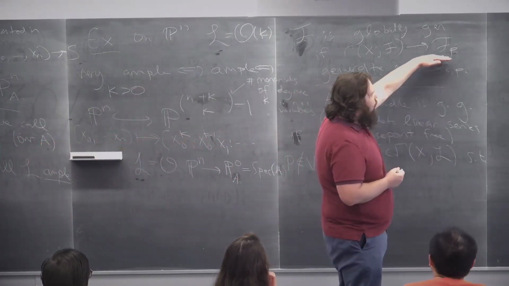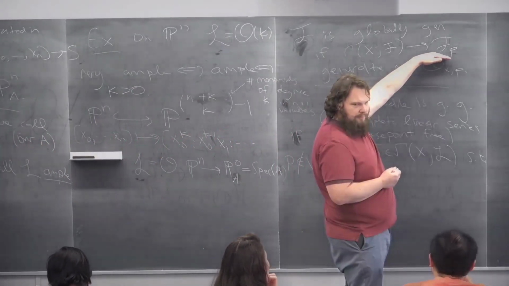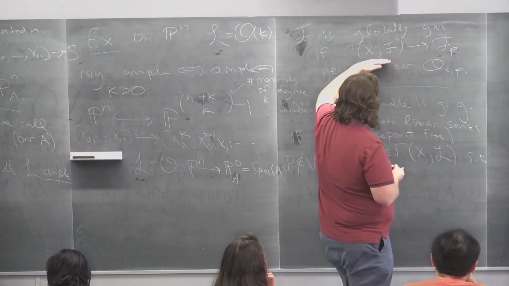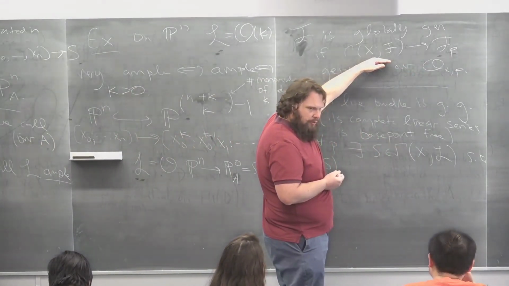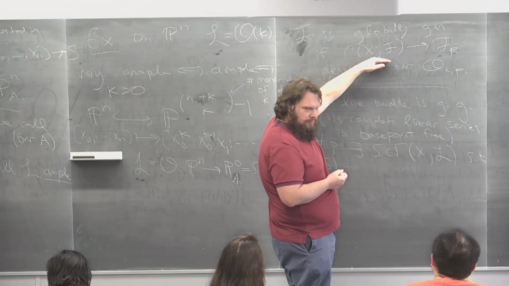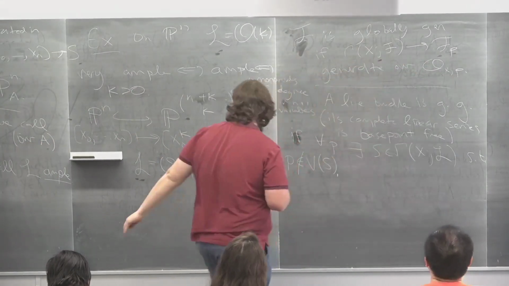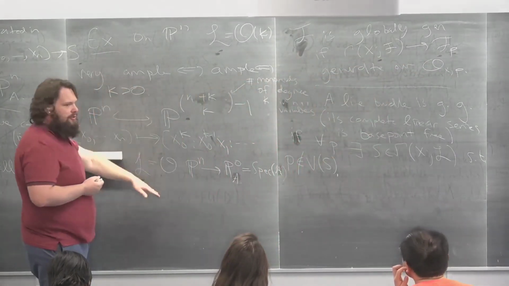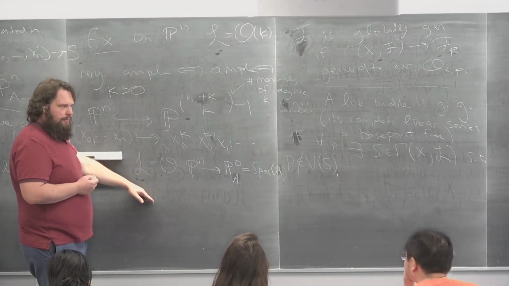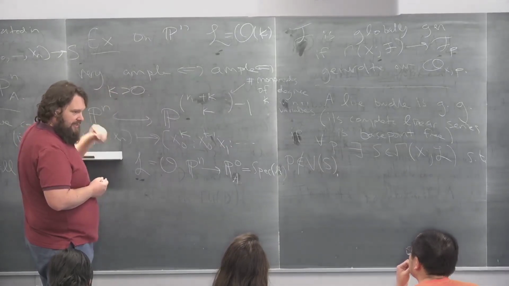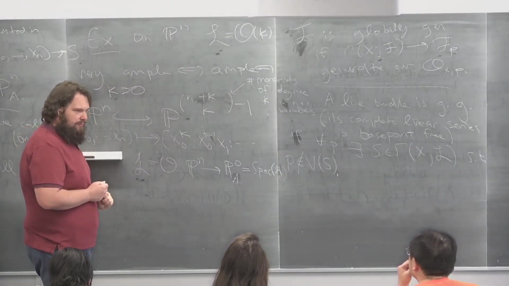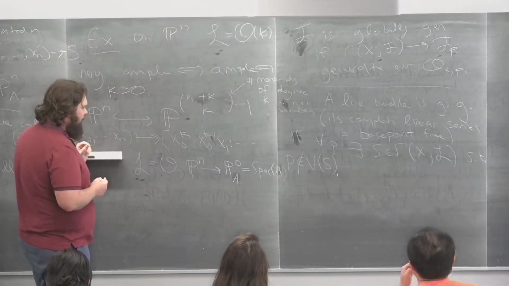So this means that if I look at the stalk at a point, the stalks of global sections generate that stalk. So all of these are globally generated because there's at least one global section that has non-zero stalk at every point. I should say that in the opposite order.